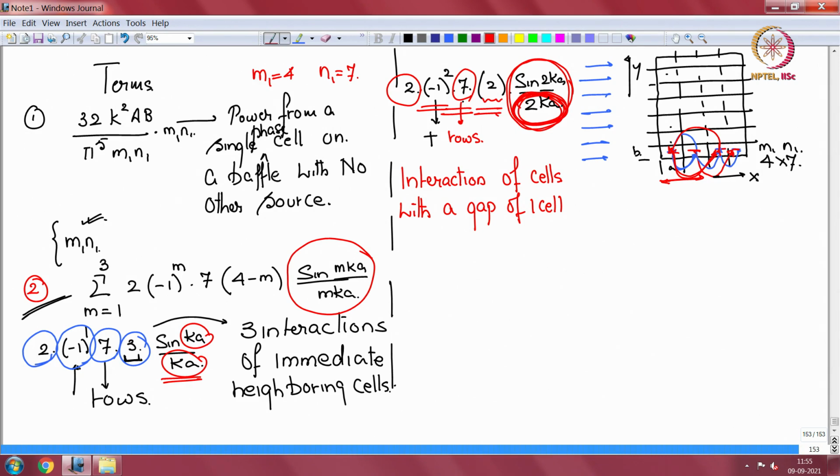Okay, so now the next term we have for m equal to 3, which is the last term, within the same term 2. We get again 2, this time minus 1 to the power 3, the 7, and then 4 minus 3, which is 1, and sine 3ka over 3ka.